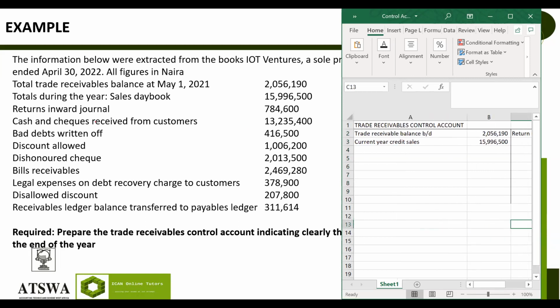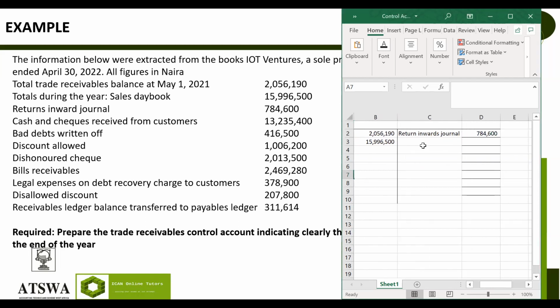Okay, so the next one, cash and checks received from customers. Will it be a debit or a credit? It will be a credit. Thank you. Because some customers have paid us some of the money that they owe us, cash and check.